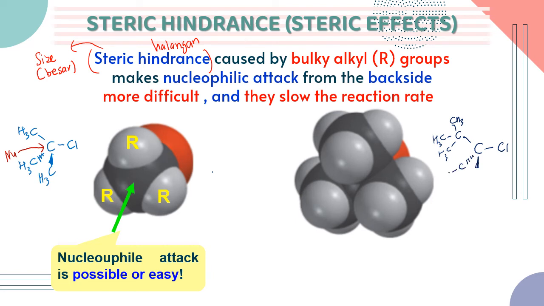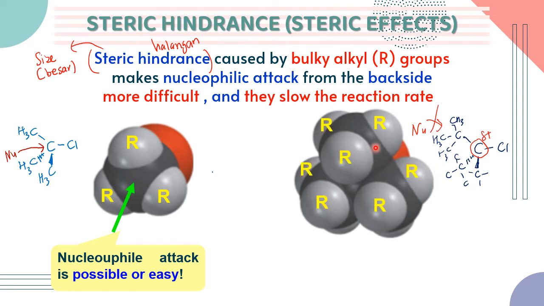C, lepas tu dekat sini C lagi, C, sini lagi C. Okay, meaning in other words, semua ni CH3 lah sebenarnya. Okay, all of these are CH3. So if you look over here, nucleophile tak jumpa jalan. Dekat mana dia nak attack this partially positive carbon. Okay, so backside attack cannot occur for this one. Takkan berlaku backside attack kat sini.